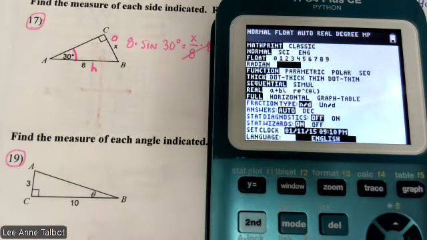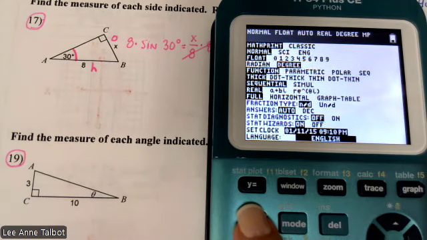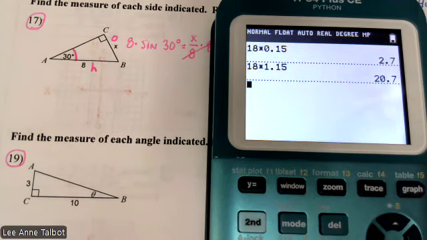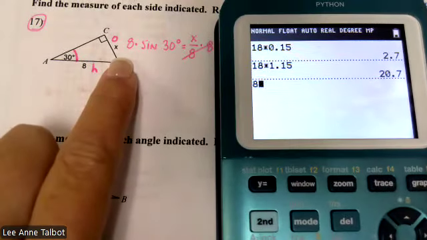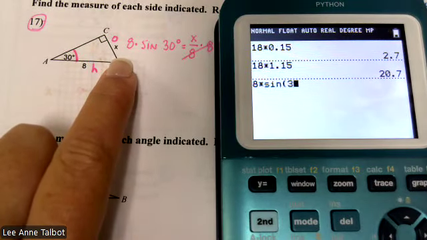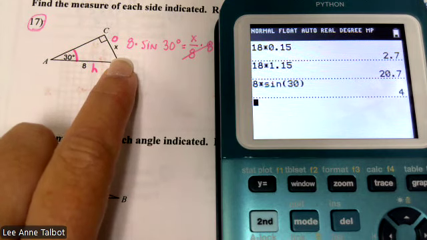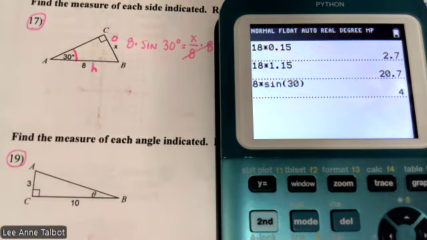Okay, now to get out of this, hit second mode, which will get you back to the regular screen. Now we type in 8 times sine 30 and we should get 4.